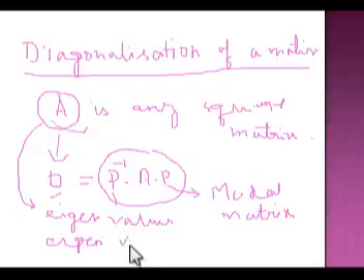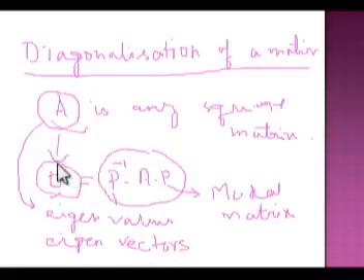The model matrix is always formed by the eigenvectors of the matrix. Then you can very easily transform it to a diagonal matrix. Also note that on the diagonal you always find the eigenvalues.